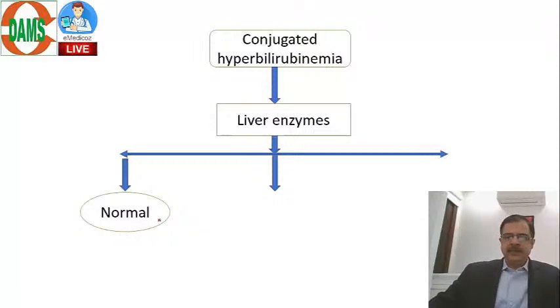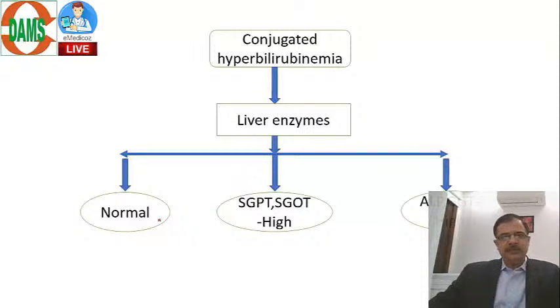First possibility. Second possibility will be SGPT, SGOT will be high. And the third possibility is ALP or gamma GT will be high. These are the possibilities according to the liver enzyme status. So let's see what will be the answers with each possibility.